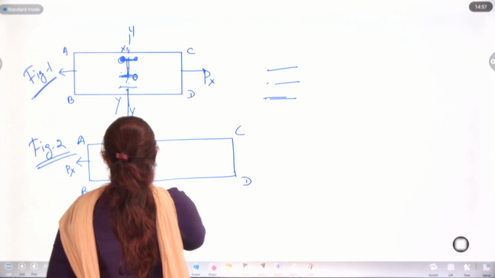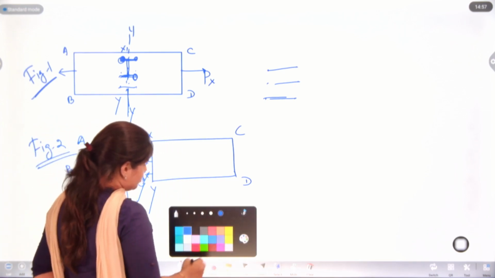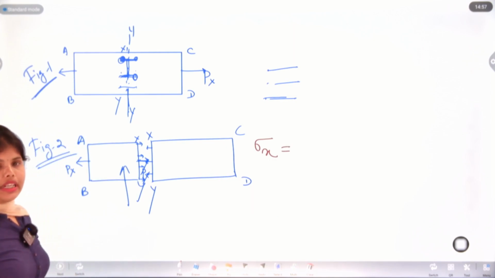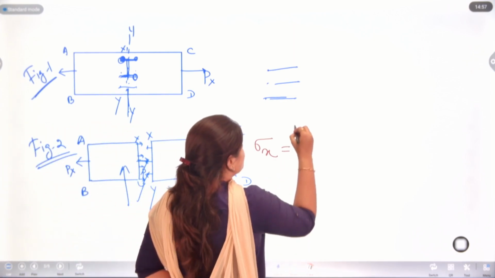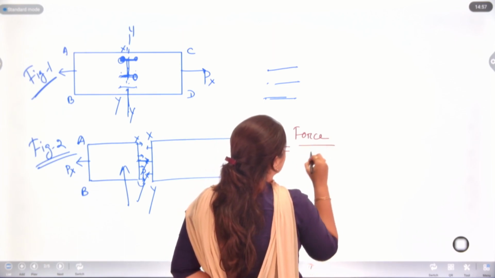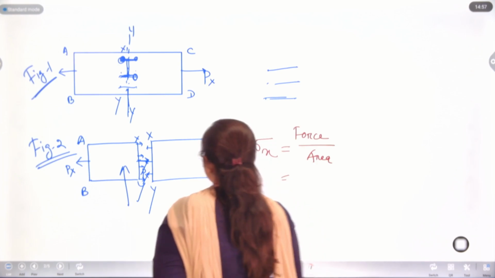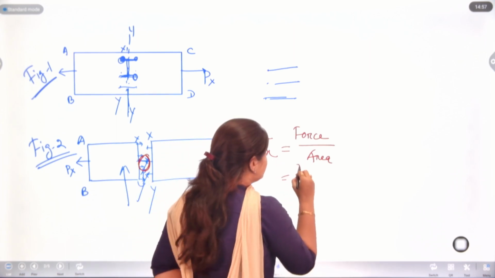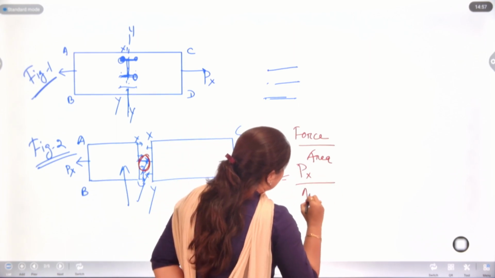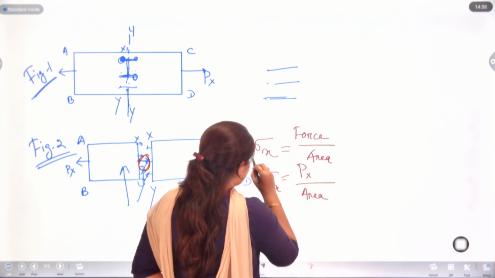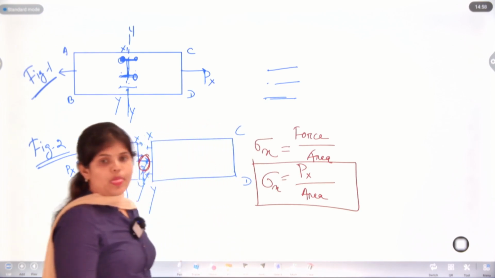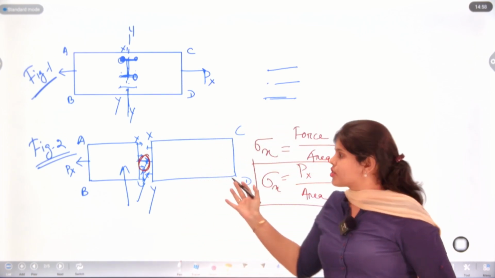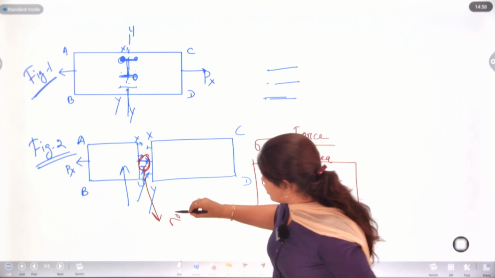Now in this plane, to find sigma x, we take the stress, as we know that stress is force upon area. Which force will we take? Here we have the resultant force Px. So sigma x equals Px upon area. As we are taking compound stress, till now we have the normal stress.